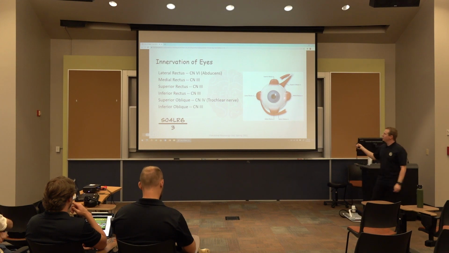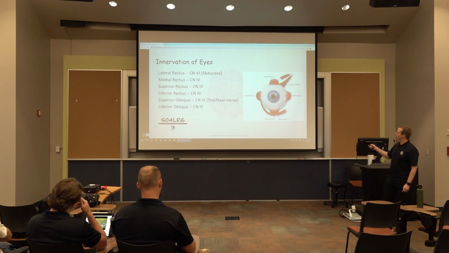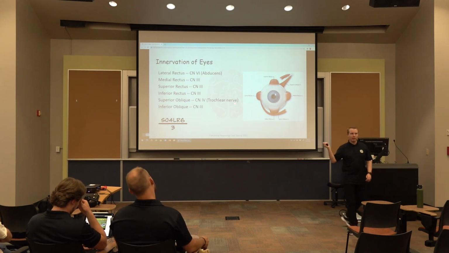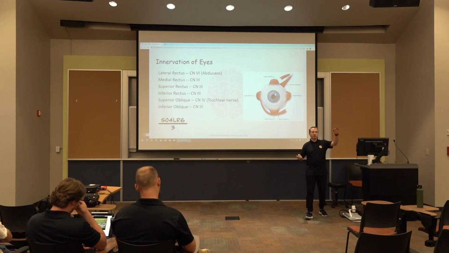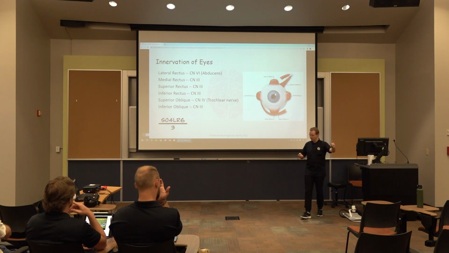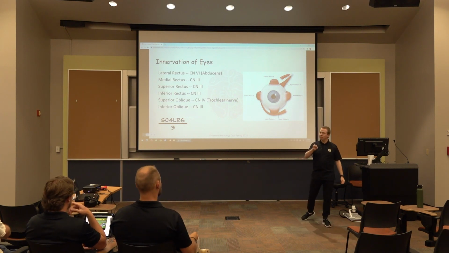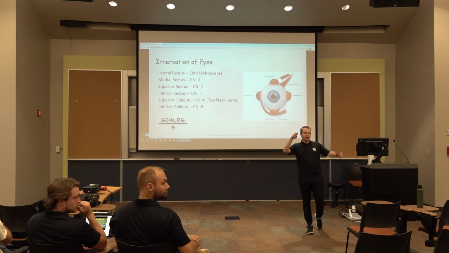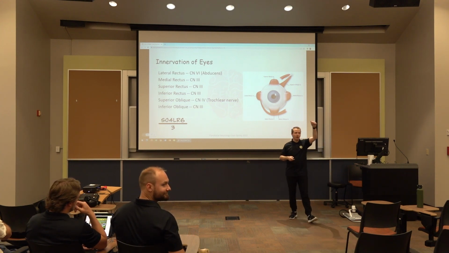Alright, so the innervation of the eyes. We have 3 cranial nerves that are going to be innervating our eye muscles, and they are cranial nerve 3, cranial nerve 4, and cranial nerve 6. Who can tell me what cranial nerve 3 is? Oculomotor. Alright, cranial nerve 3, oculomotor.